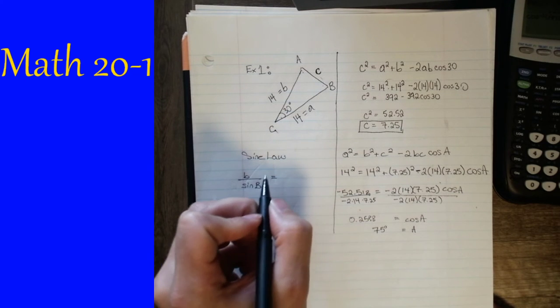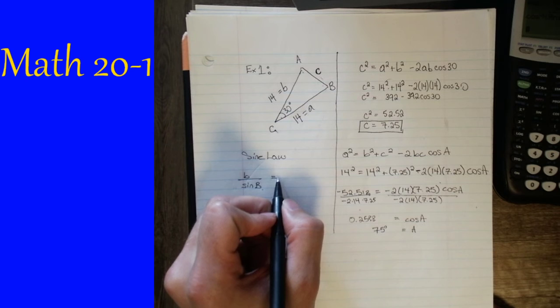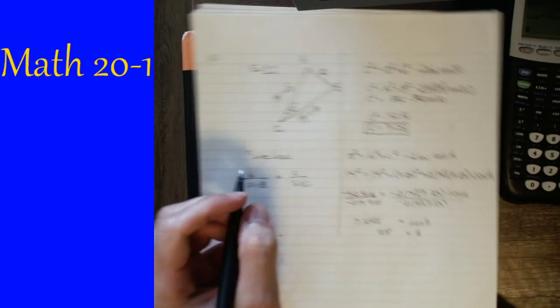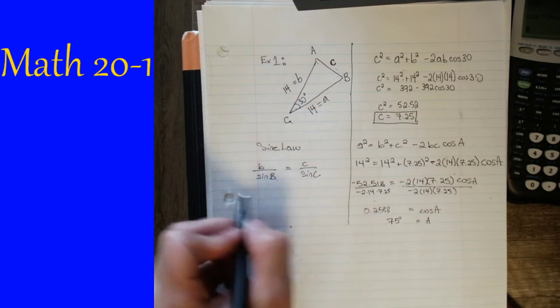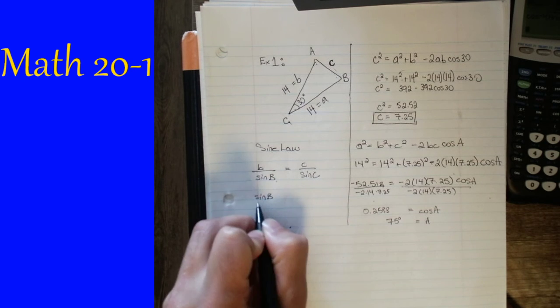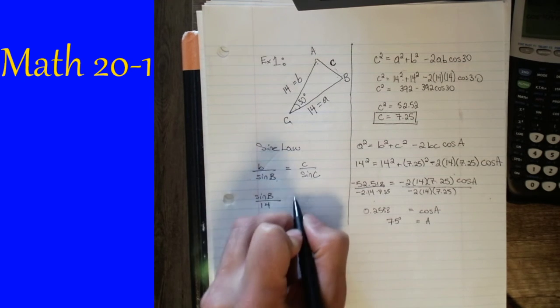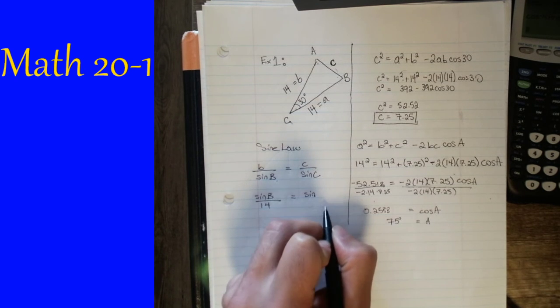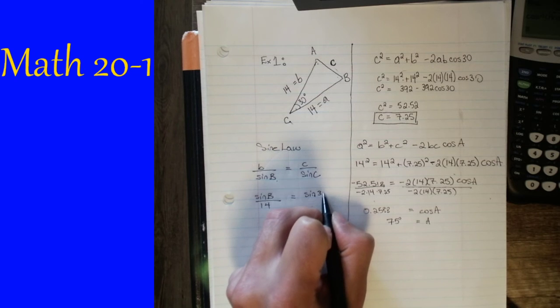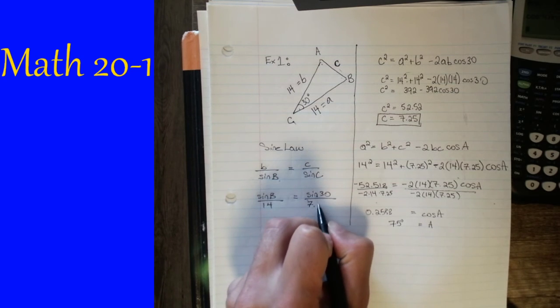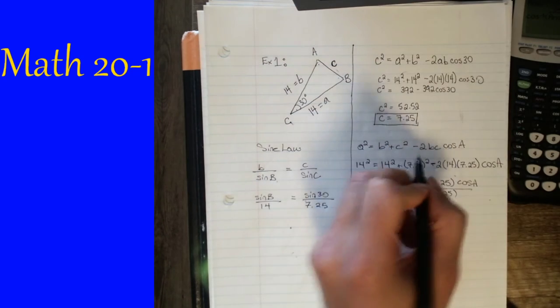is equal to C over sine C. And actually, I can kind of flip those around, and I can say sine of B over 14 is equal to sine of C, which is 30 degrees, over that 7.25 number that we solved for in the beginning.